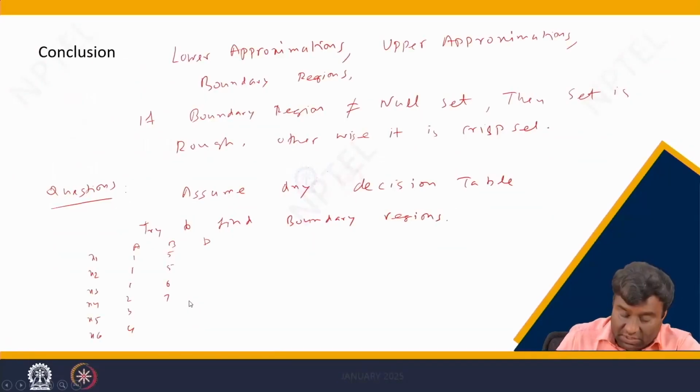The decision is yes, no, yes, yes, no, no. From there, try to find the boundary region, lower approximation, upper approximation, etc.